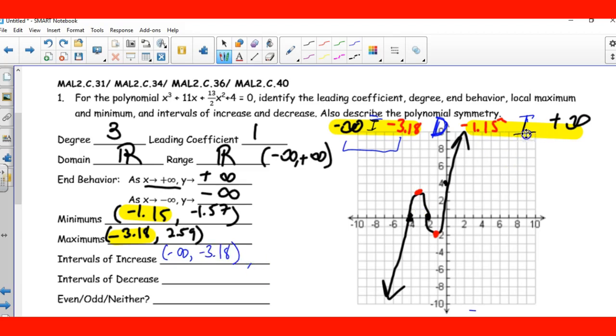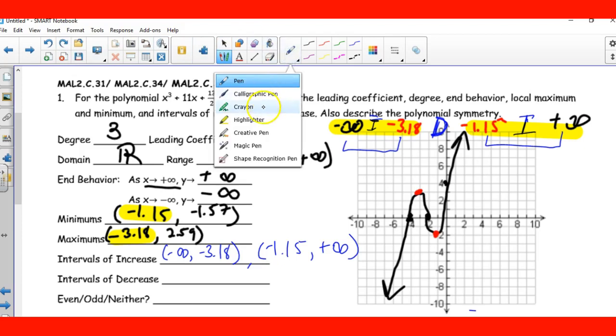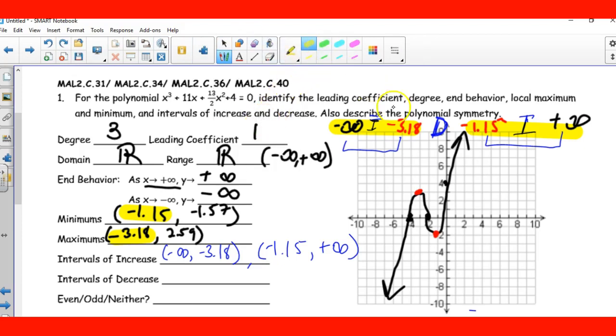And then I'm going to have another increase from right here, negative 1.15, to positive infinity. Right? Now, when you look right here, and sorry to overlap this, but right here is where the decrease is.